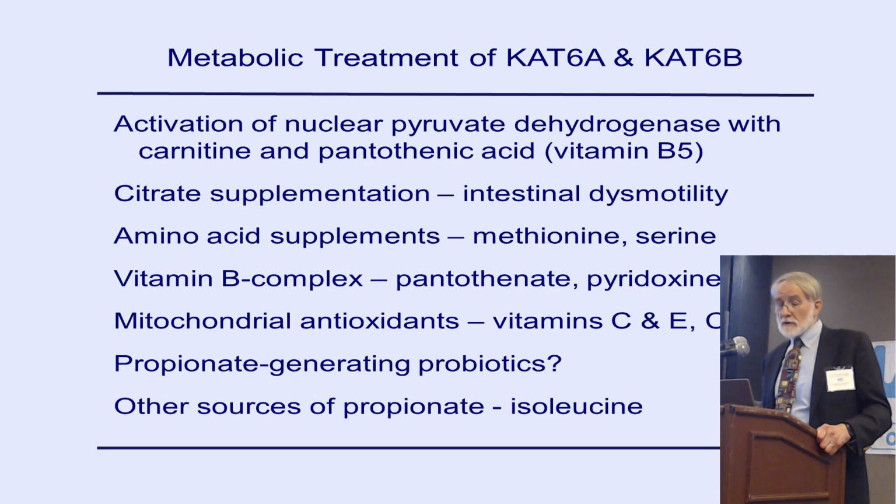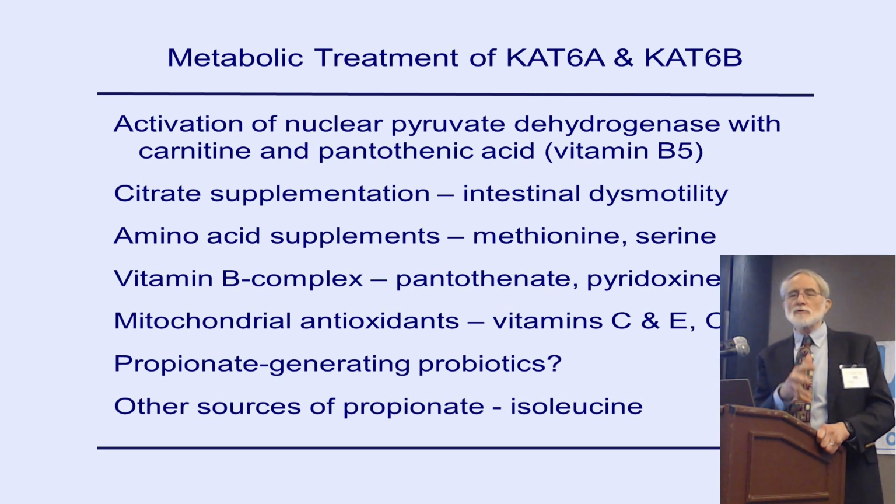And then there's an issue about these enzymes also using other compounds, propionate in particular. And one of the considerations is that if we are stimulating the activity of KAT6A in part by increasing the amount of acetyl-CoA, that might, in a sense, interfere or reduce the effectiveness of the enzyme in putting propionate onto histones, and they have different functions.